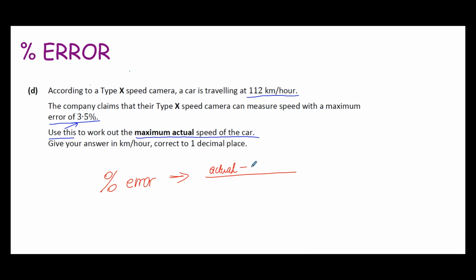So the actual minus, let's call that not correct. I don't have a better word at the moment. But the idea is that one value is correct and the other one is not correct. Very often in the question it will be the actual versus the one that contains the error.